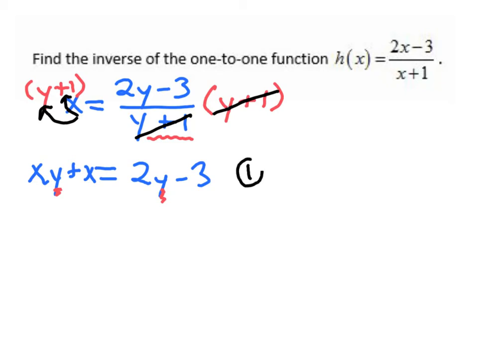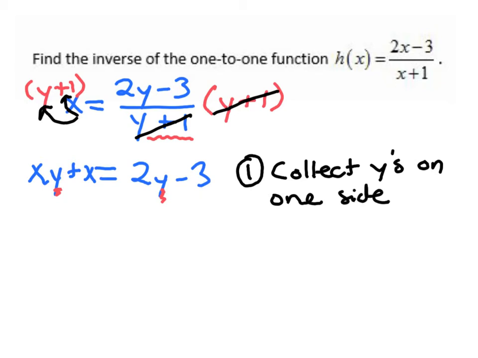First, collect all the terms that have that desired variable on one side. So in this case, we're trying to solve for y, so we should collect the y's on one side, and move all the terms that do not have a y to the other side.